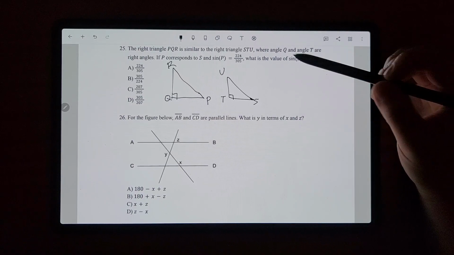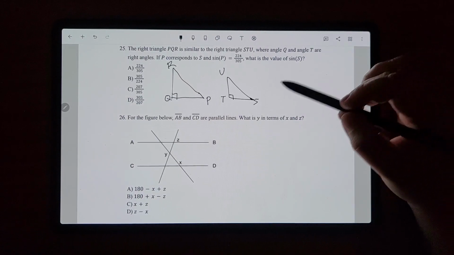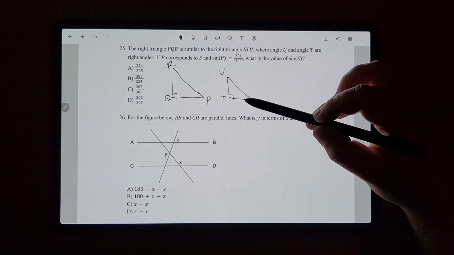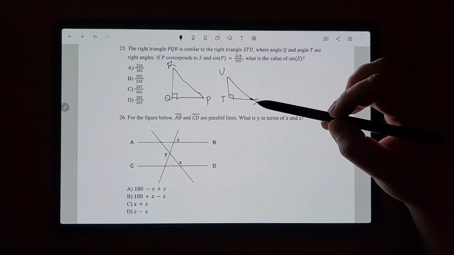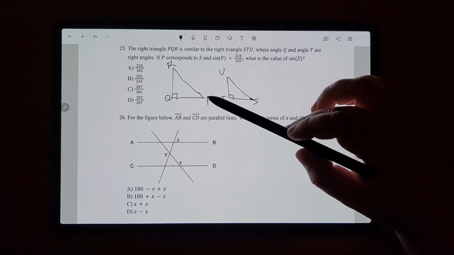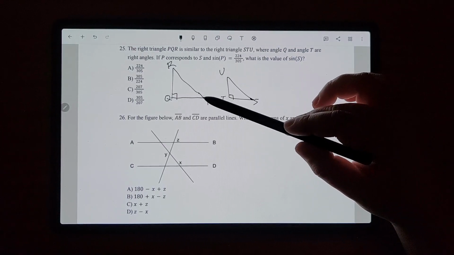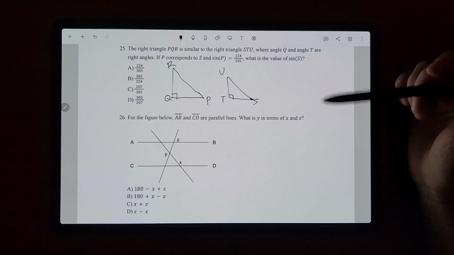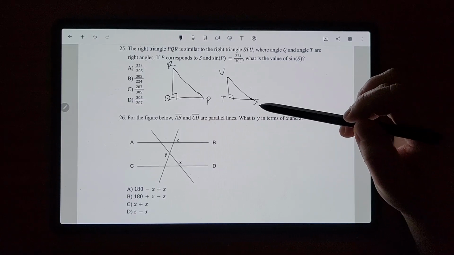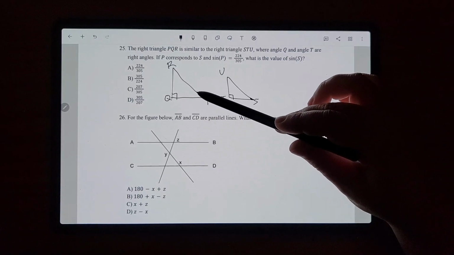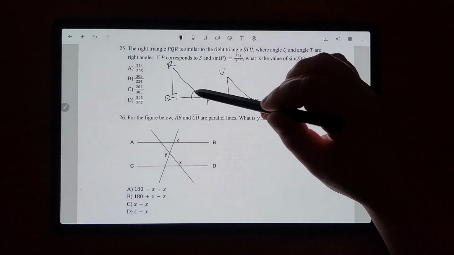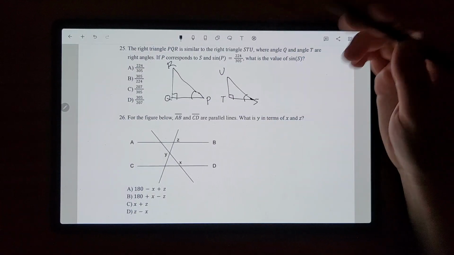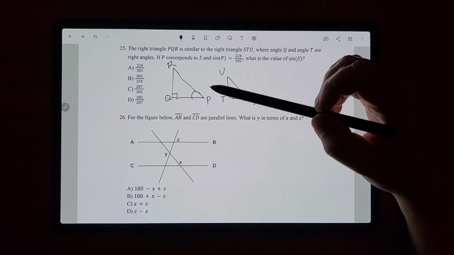So what we're trying to find is the value of sine S right here. So this is S, angle S. We know that the value of sine P over here is 224 over 305. And we know that P corresponds to S, meaning these angles are equivalent to each other, the same or congruent.